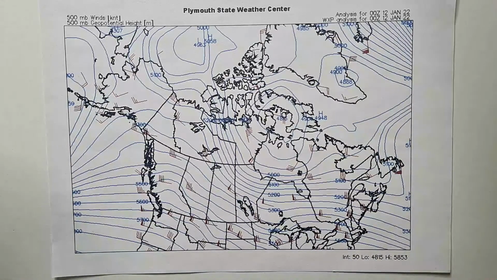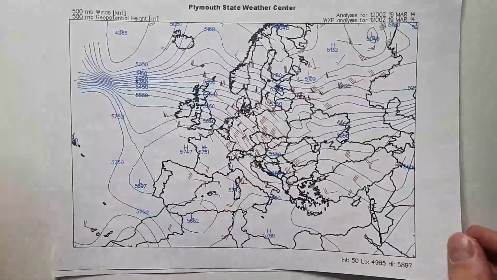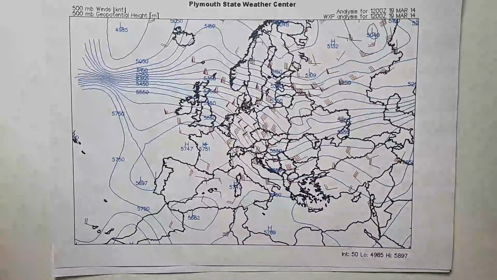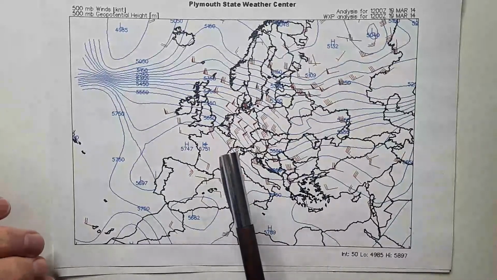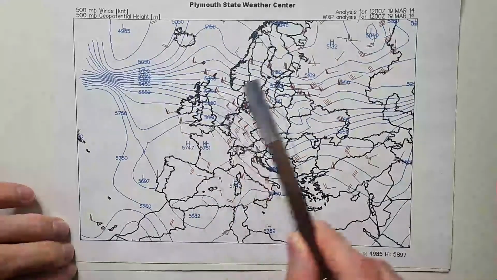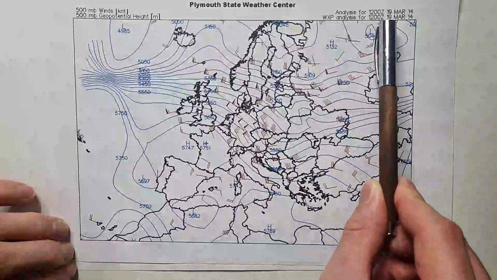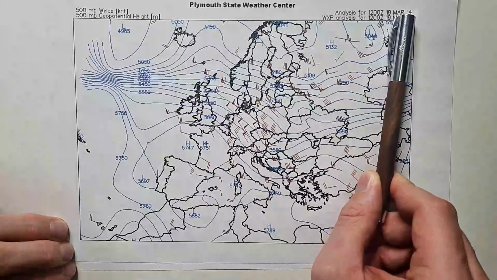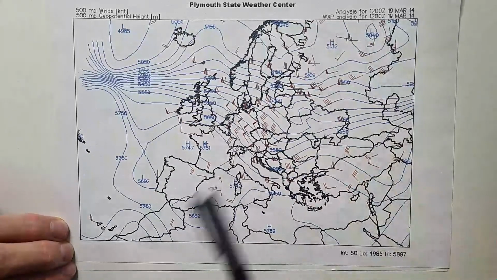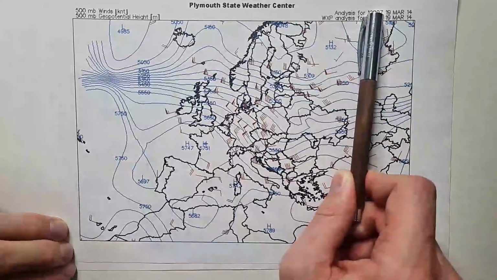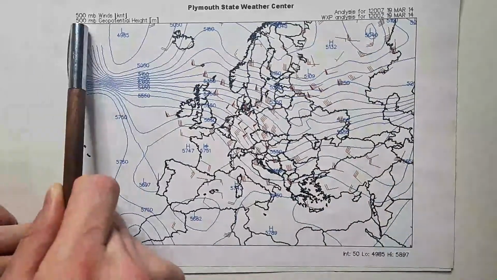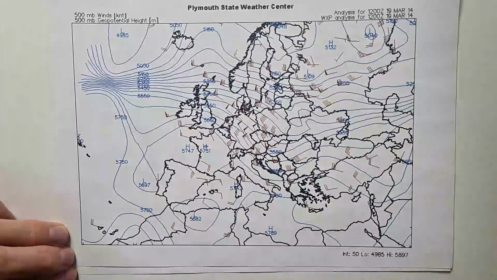To demonstrate that I am not cheating here, I obtained a randomly different map. You can see this is a map above Europe for 19 March 2014, 12:00 UTC. And it's also 500 millibar geopotential height.